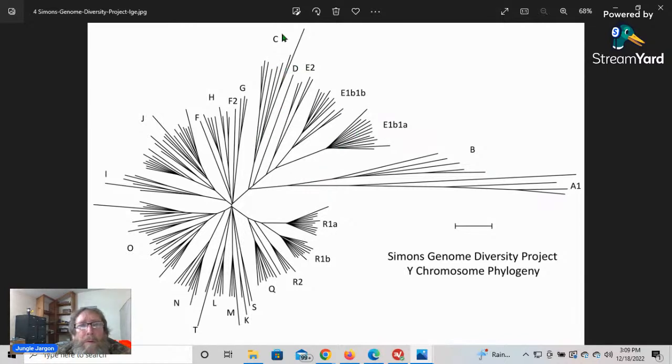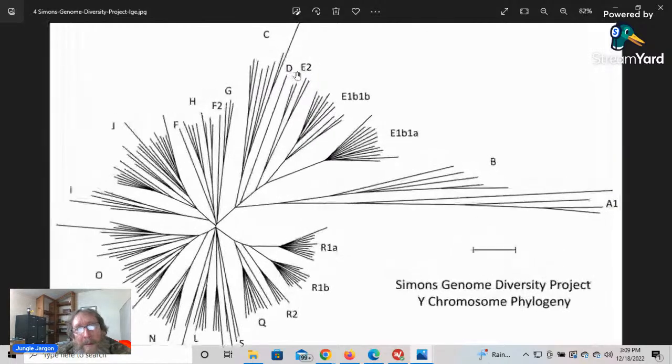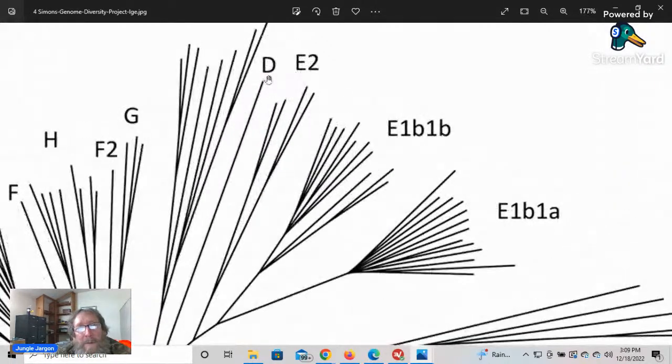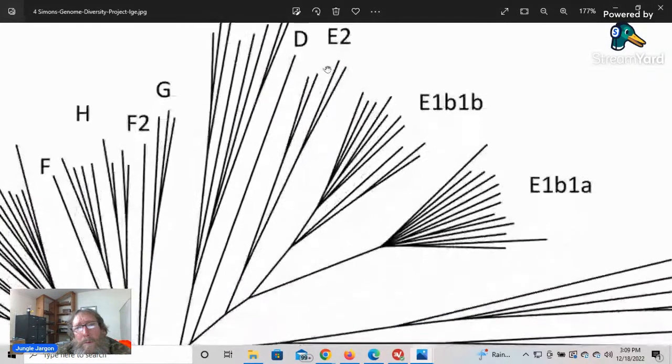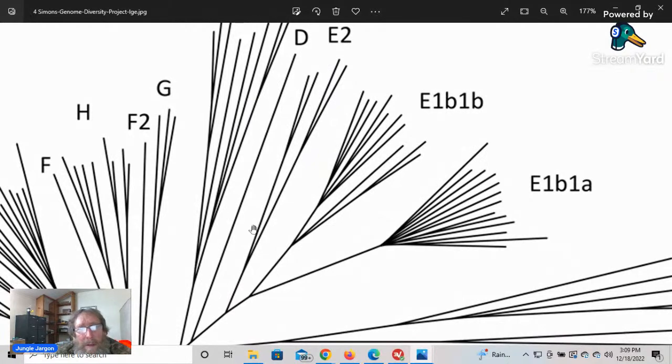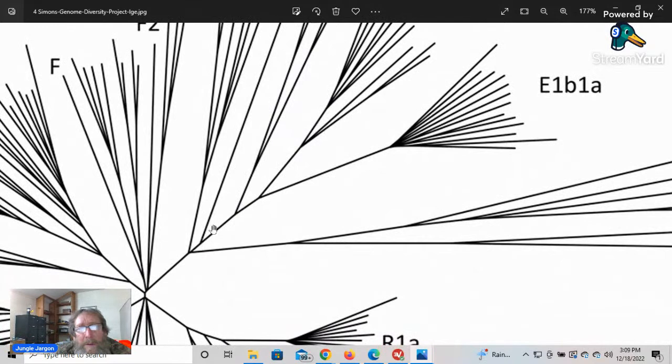Of course, C has to be Nimrod. It can't be anybody else. D has to be the Sinim, descendants of Sinim. It really can't be anybody else. E2 would be the Canaanites. And of course, notice the D is compatible.